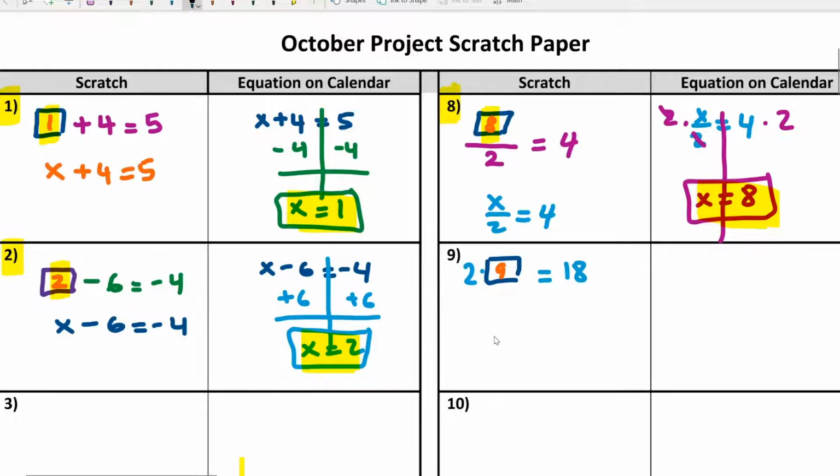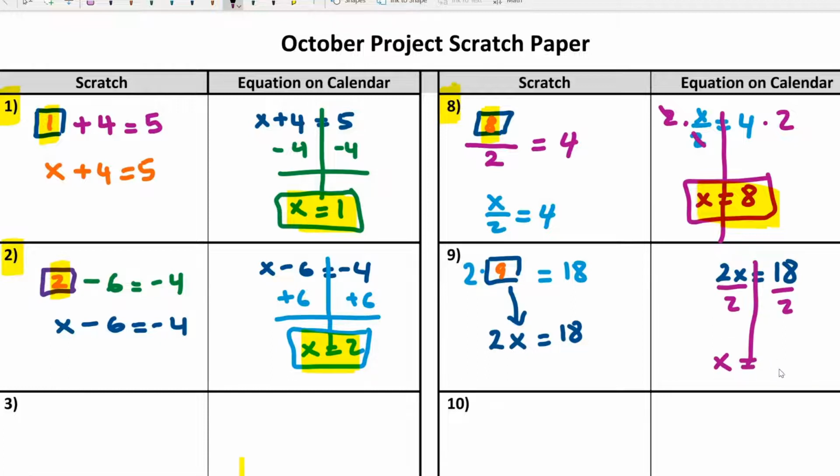So that is my equation: 2x equal to 18. Replace your box by x. To solve for x, you have to divide both sides by 2. So x equal to 9. And same thing as what I've been saying, the answer matches the date.